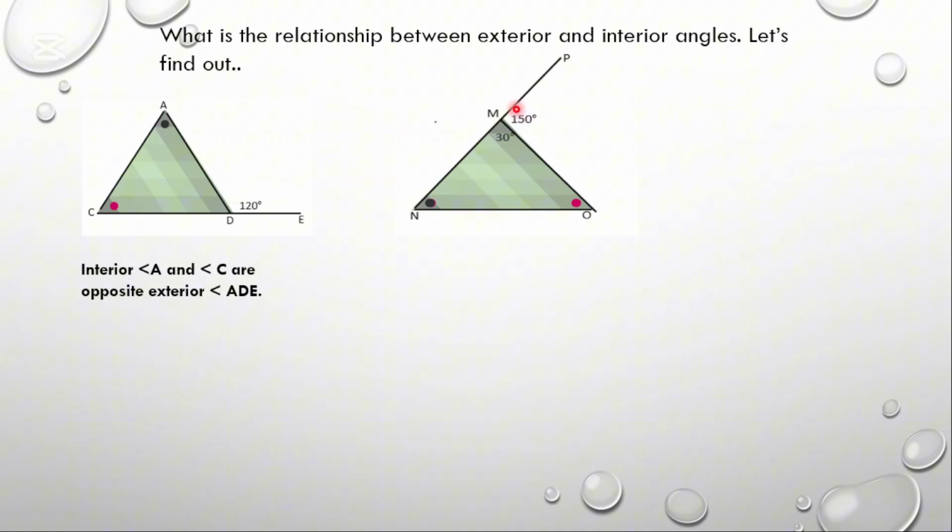But the two opposite the exterior angle, they are N and O. So I have it here for you. Exterior PMO, PMO is opposite interior N and interior O.